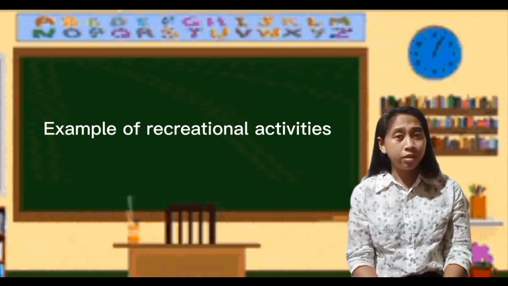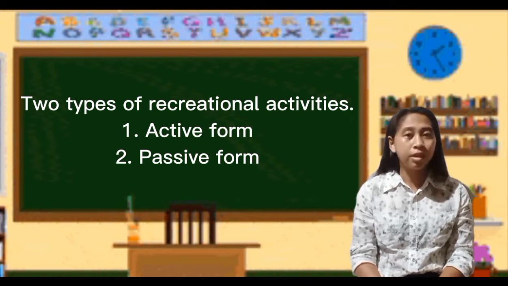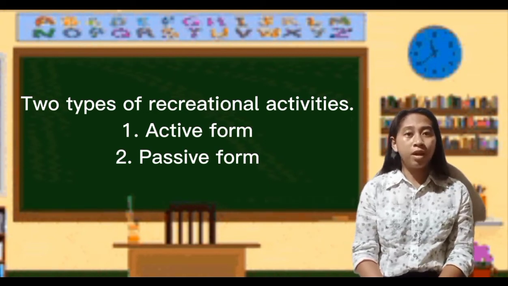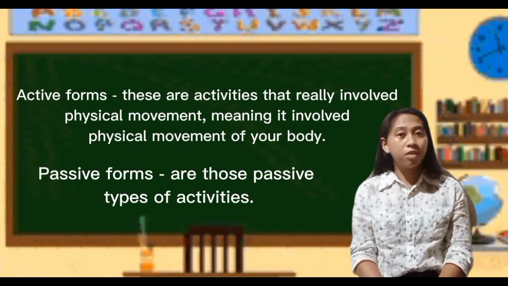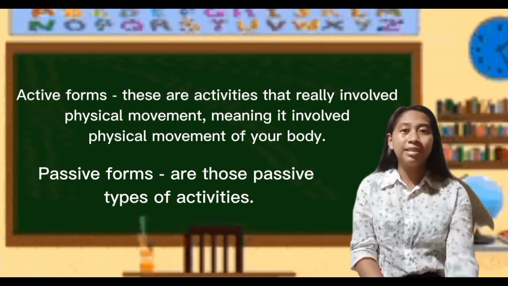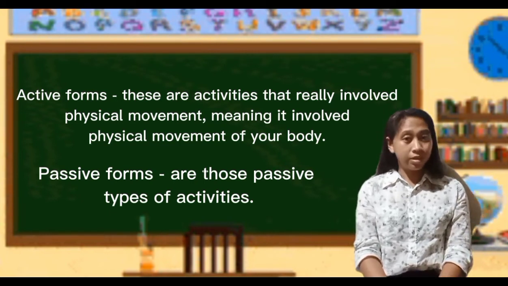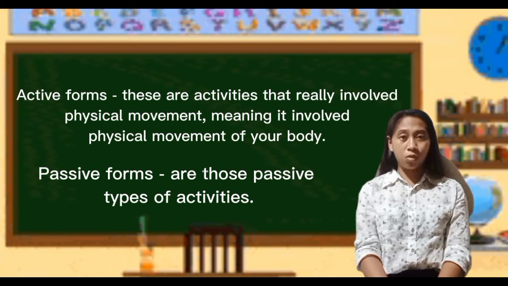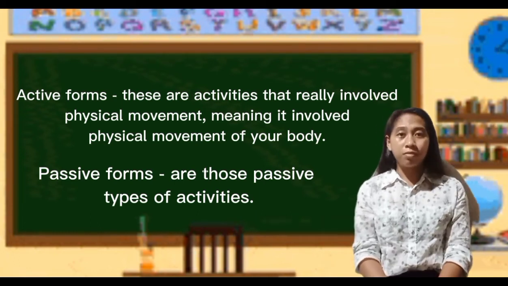So here are examples of recreational activity. By the way, we have two forms of recreational activity: the active forms and passive forms. When we talk about active form, these are the activities that really involve physical movements of your body, while passive forms are those passive types of activities.